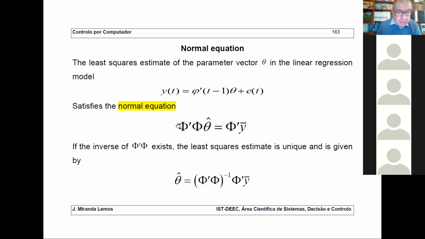And then if this is invertible, you write the equation in this explicit form. If this is not invertible, for the data you have, it means that we have several solutions for the parameters that explain the data that you are observing. Questions?